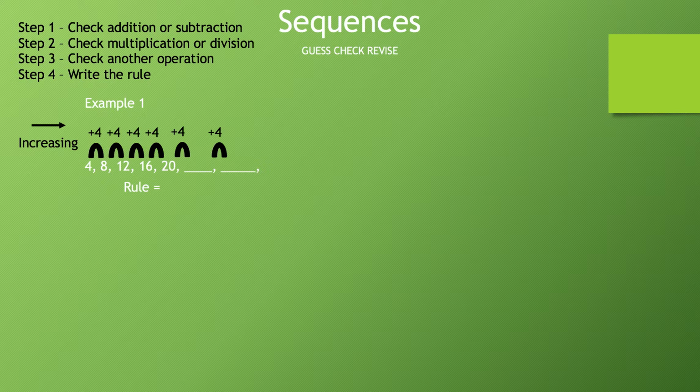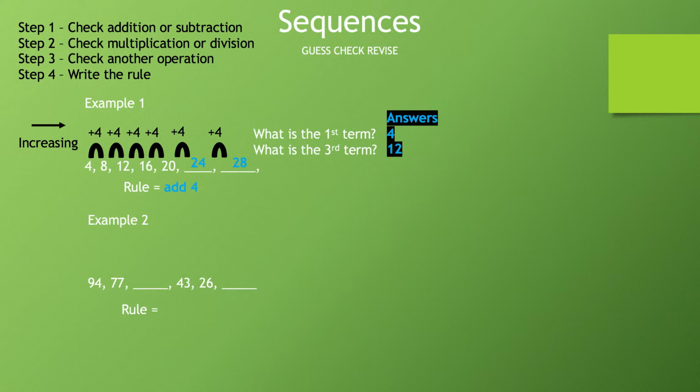Then we continue, and we realize that is true. So the next thing is to write down the numbers, 24 and 28, and write down the rule: add 4. Now let's find the first term, which is 4. There we go. Third term, what do you think? It's 12. Correct.